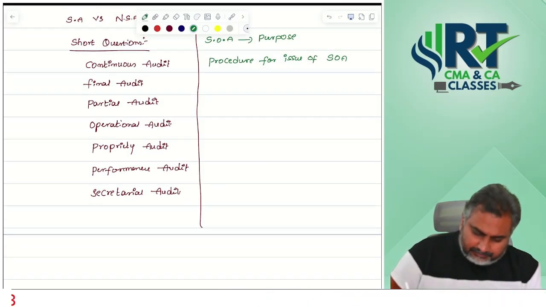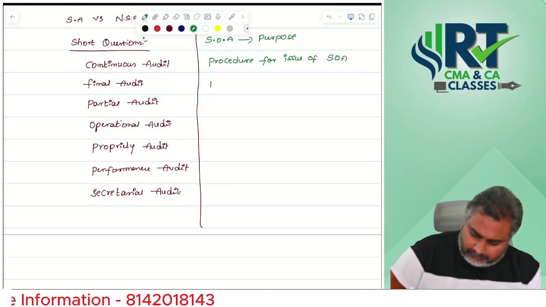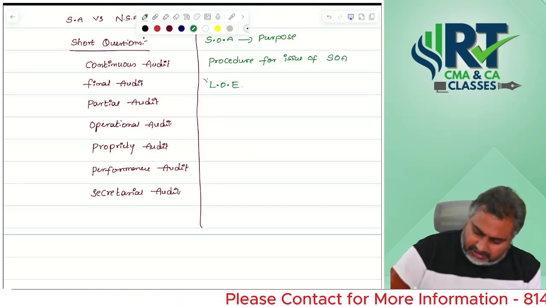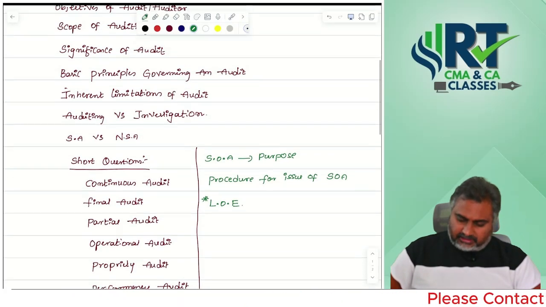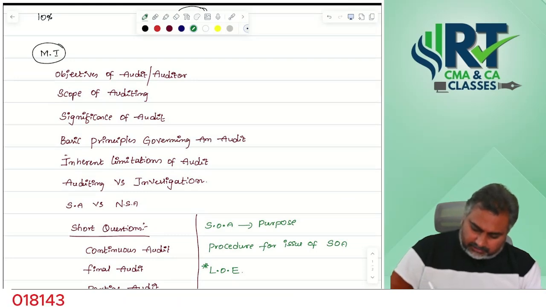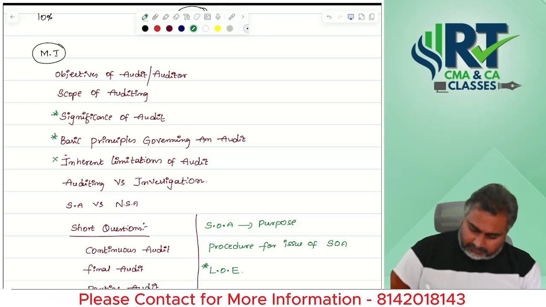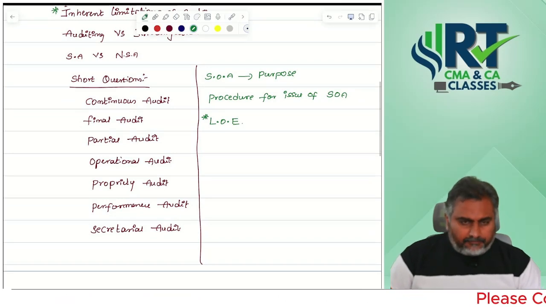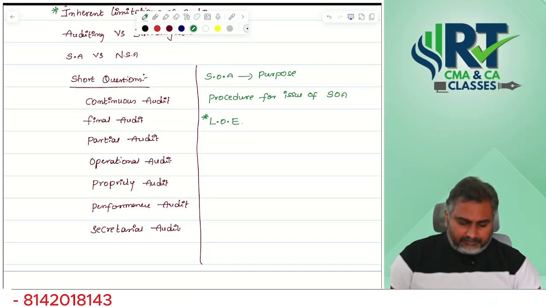Next, letter of engagement. Give a star mark to this question; I will tell you the star-marked questions also: significance, basic principles, inherent limitations, and letter of engagement itself.